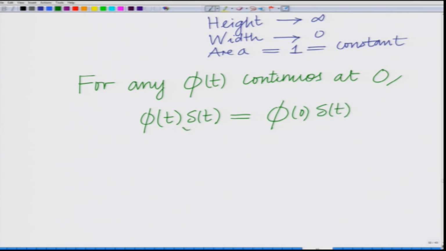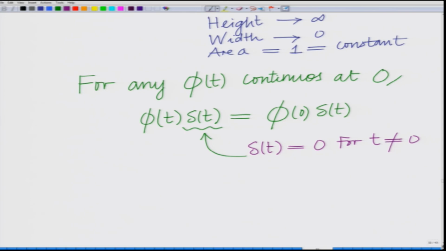And this is natural since delta t is 0 for any t not equal to 0.